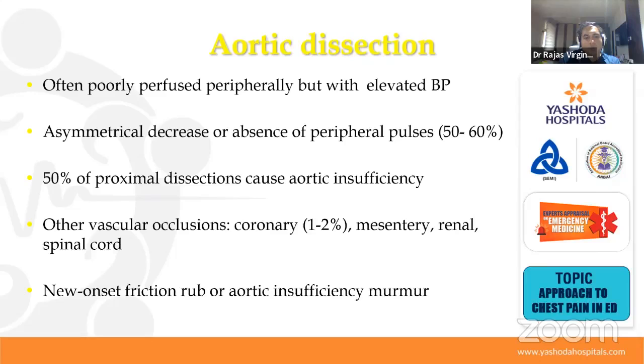Very rarely you might see a friction rub or a new murmur. So it's really important to do a good examination and have a high index of suspicion, and make sure the patient has an urgent CT aortogram to confirm the diagnosis.